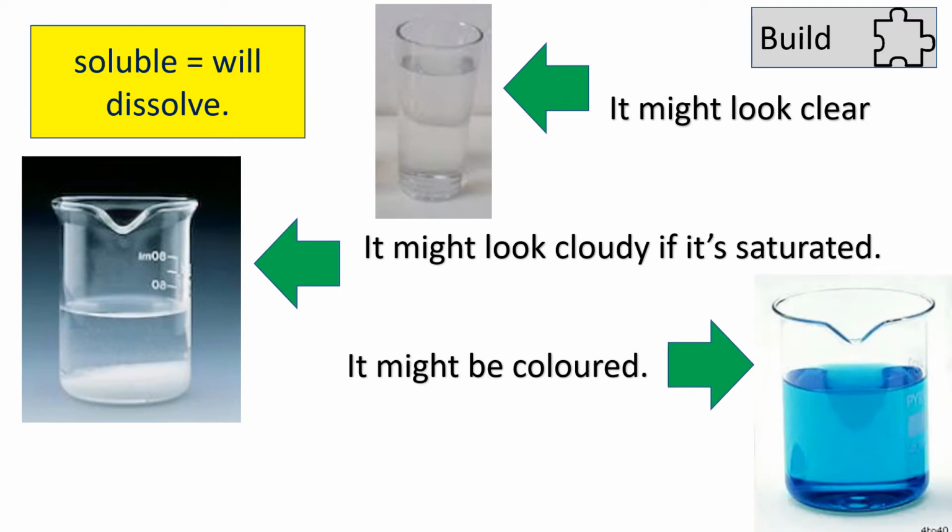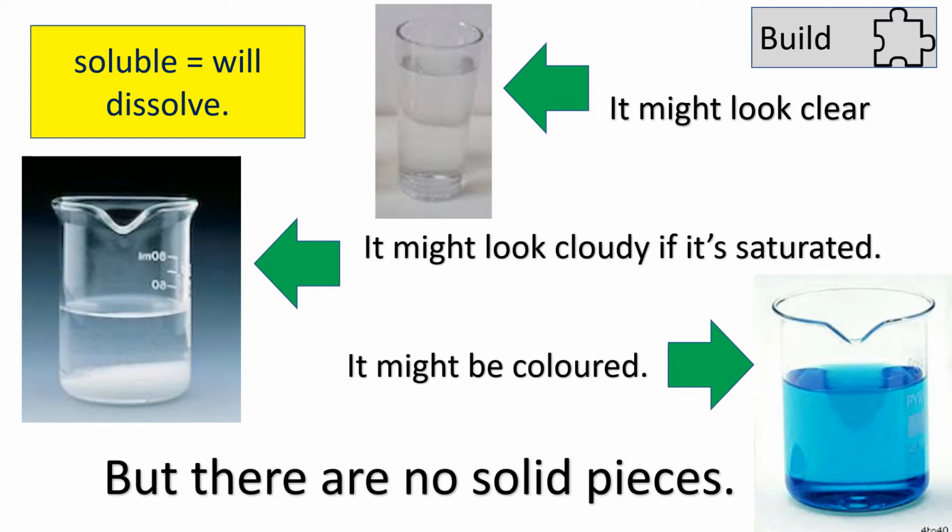Or it might be coloured because your solid was coloured. So this is a good example of copper sulfate crystals being dissolved in water and the liquid turns blue. But there are no solid pieces because they have dissolved. These are soluble solids in a liquid or in a solvent.